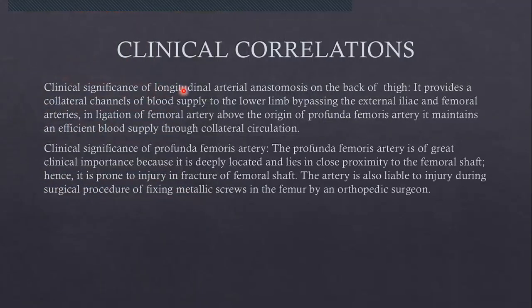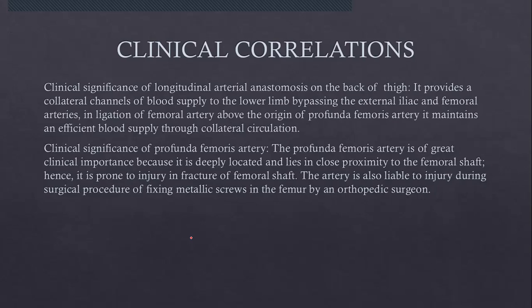So, clinical correlations. The longitudinal arterial anastomosis of the back of the thigh, what is its clinical significance? It usually provides collateral channels of blood supply to the lower limb by bypassing the external iliac and the femoral arteries. How? Remember, the longitudinal anastomosis is formed by the ascending and descending branches of the perforating arteries.